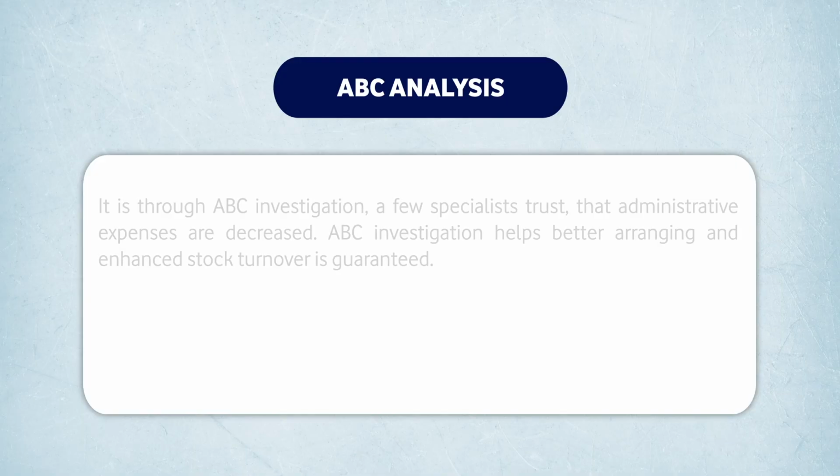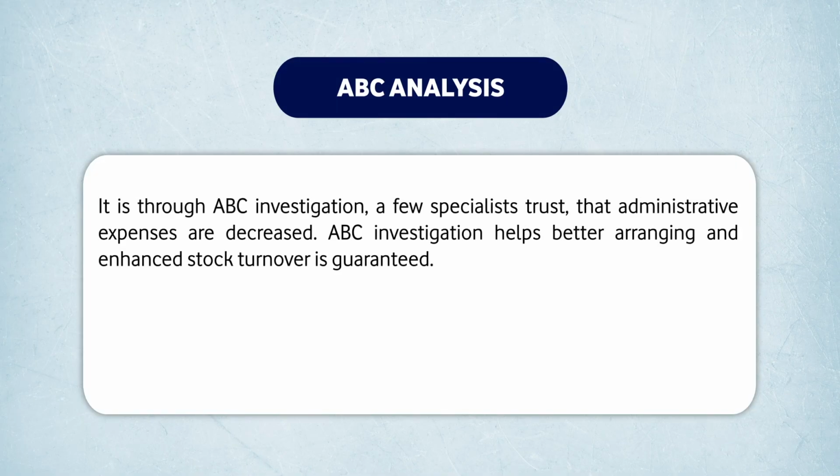Means we have three classes of inventory: A, B, C. A is the most expensive inventory, B is less expensive, which is the moderate inventory, and C is easily available and easy to control. So the main part of the control is on the A class inventory and B class inventory. It is through the ABC investigation that administrative expenses are decreased.